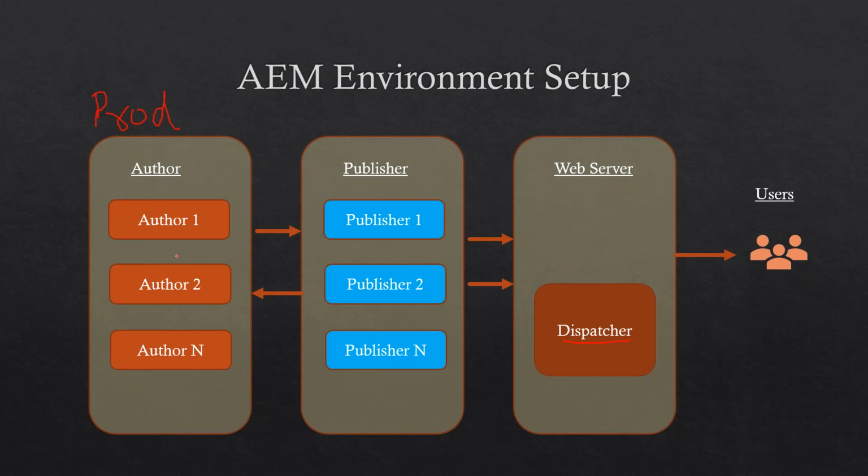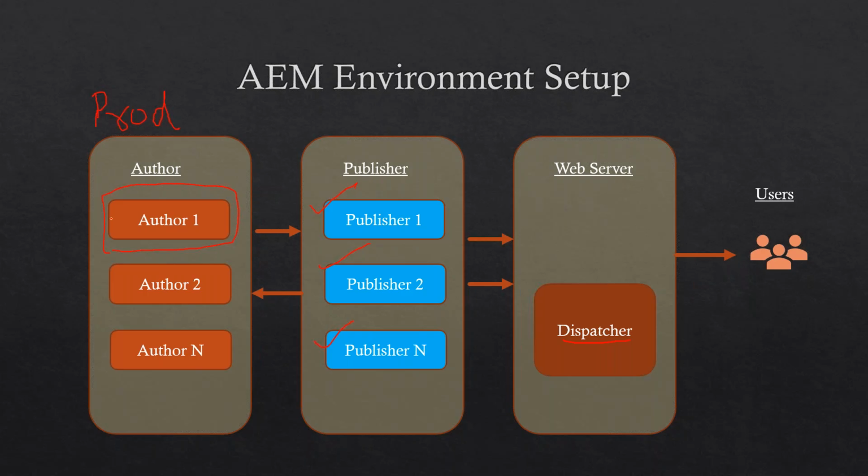But generally you will see one author and 1, 2, 3, 5, or 7 publishers. Or one author and one publisher, one author and 2 publishers, 2 authors and 2 publishers, 2 authors and 7, 8, or 15 publishers. All those kinds of combinations are possible.